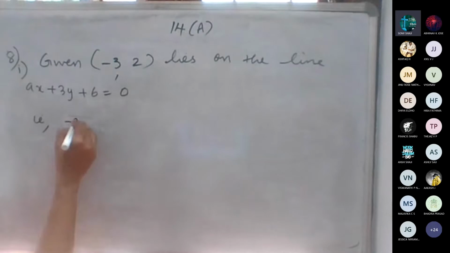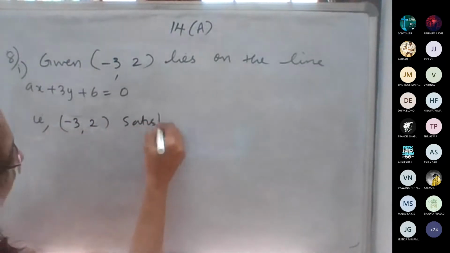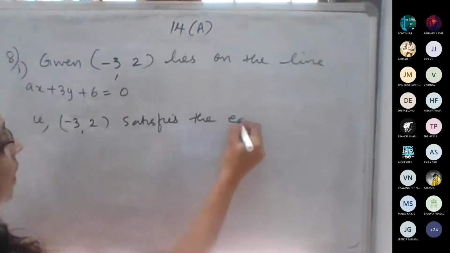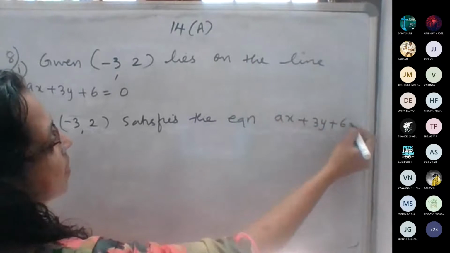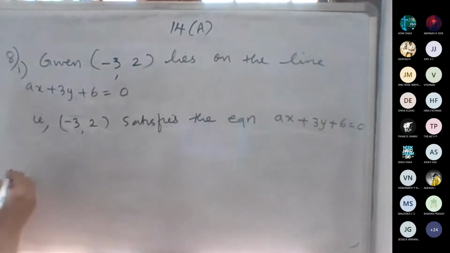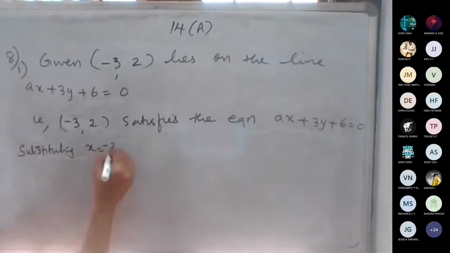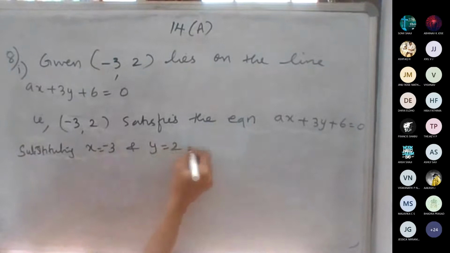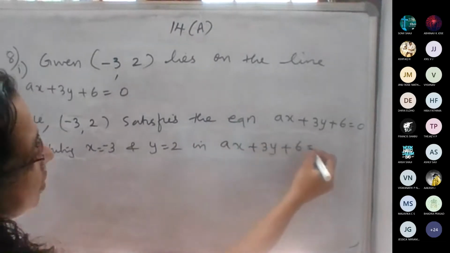That is, negative 3, 2 satisfies the equation ax plus 3y plus 6 is equal to 0. Therefore, we can write, that is, substituting x is equal to negative 3 and y is equal to 2 in ax plus 3y plus 6 is equal to 0.